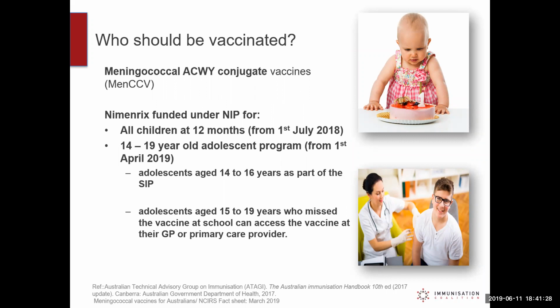So this is from the 1st of July last year. There is now an adolescent program in the school system from the 1st of April this year. So one cohort will get it as part of their school immunisation program, and then the others can access through their GP or chosen provider.